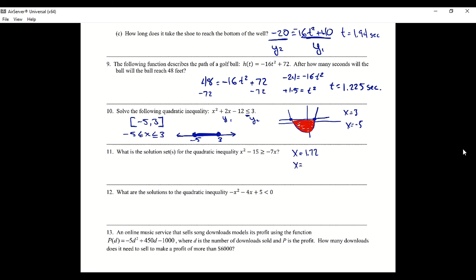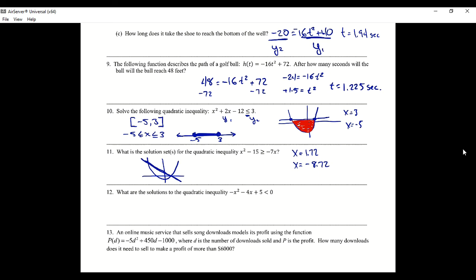And x equals -8.72. Now, we end up with a parabola that looks kind of like this, and then it has a line that's going like this-ish.